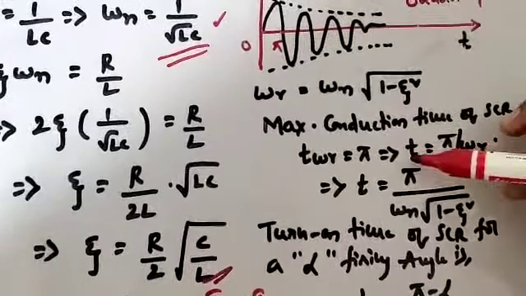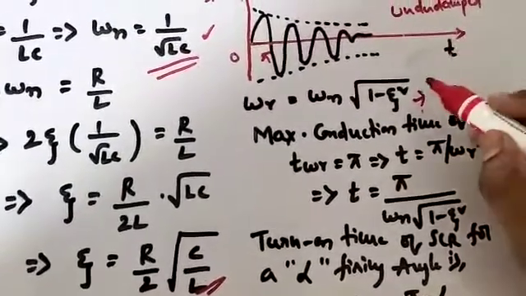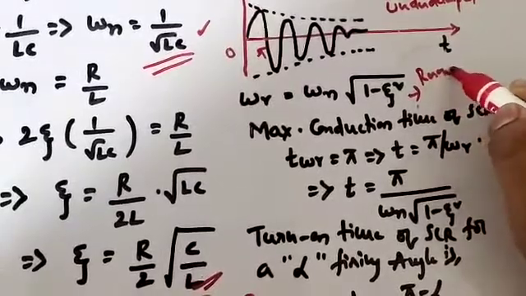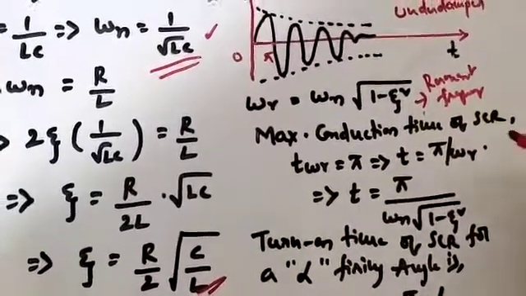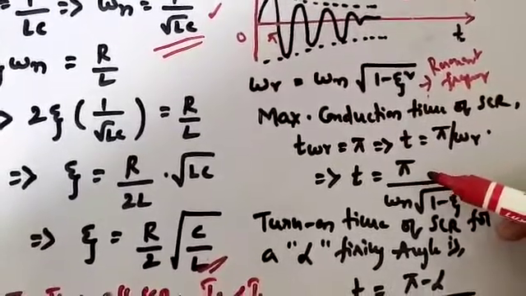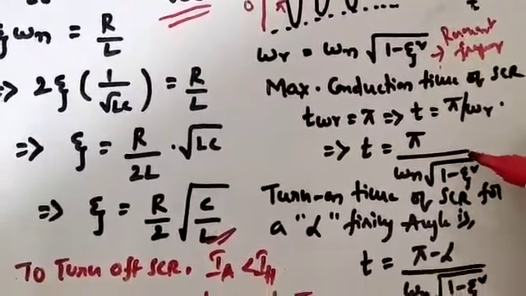That means T equals pi by omega, the resonant frequency value. From this we can calculate the maximum conduction time T equals pi by omega n into root over 1 minus zeta square.